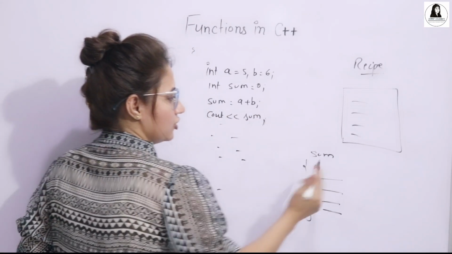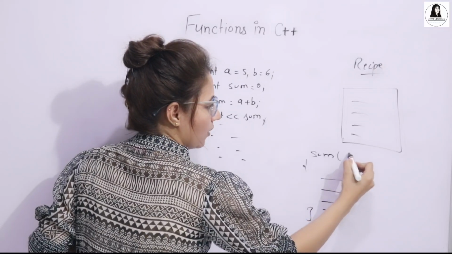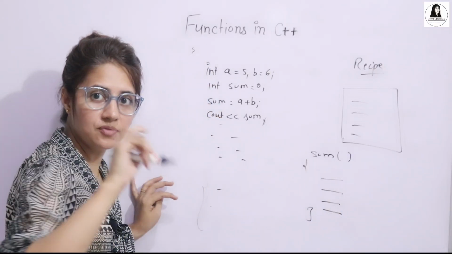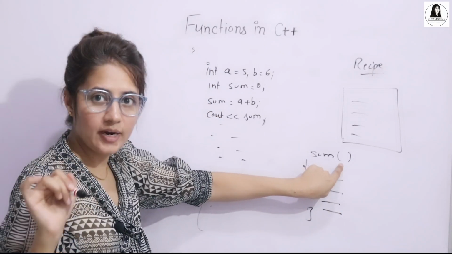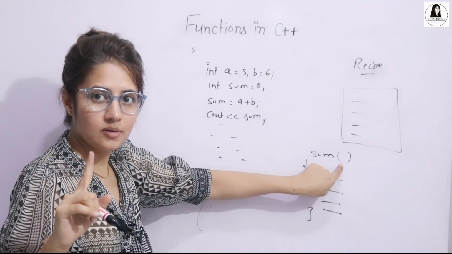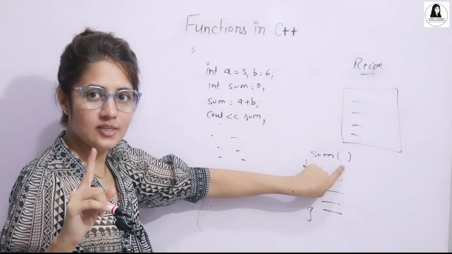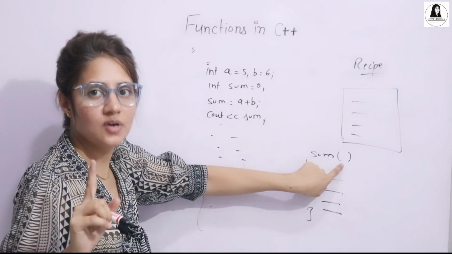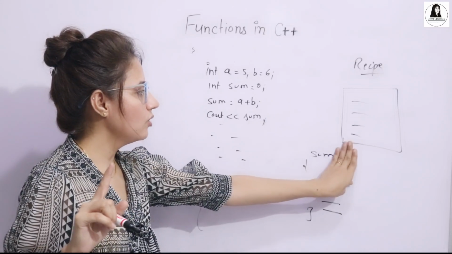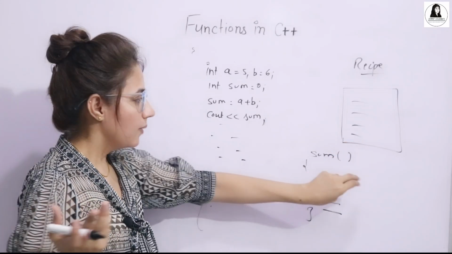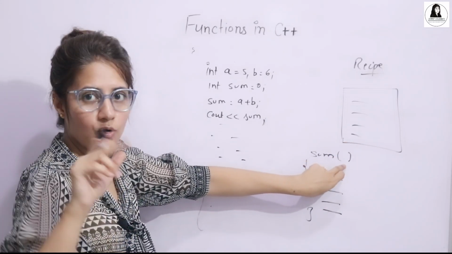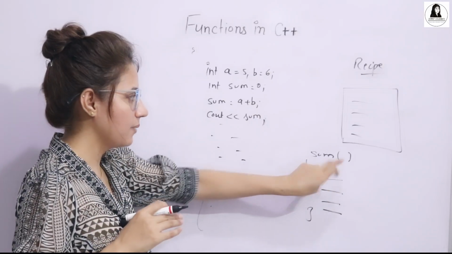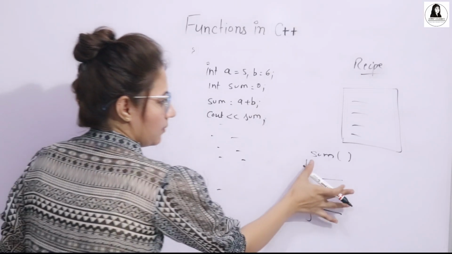So it's like a function, and you have to put these parentheses here, round brackets. These are mandatory. After that, we can say that yes, sum is a function. Otherwise, we cannot say what sum is. But now, if these round brackets are there, then we can say that sum is a function.